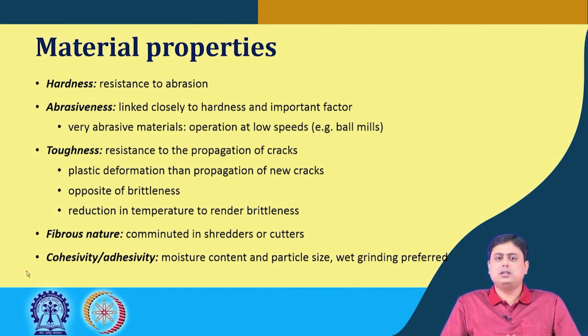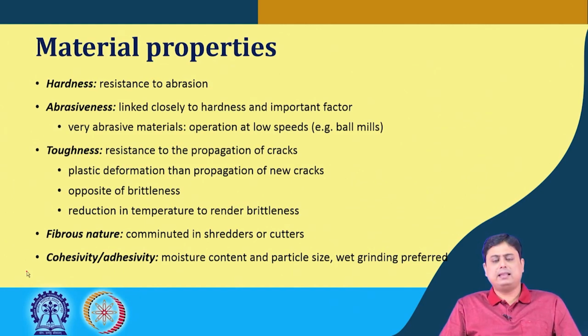In such cases, it is desirable to handle those materials where the RPM, or rotation speed, is low. As the example mentioned here, ball mills operate at a very low speed of rotation, so such material can be handled in these mills.